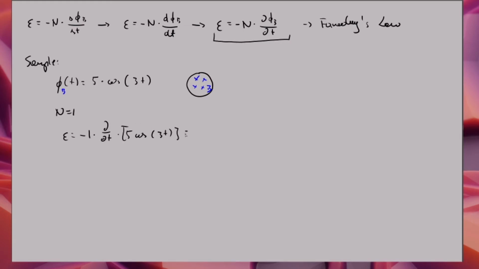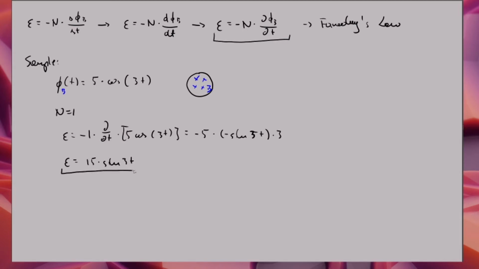You take the derivative: 5 comes out, so negative 5 times the derivative of the cosine, which is minus sine of 3t, and then all of this times 3. The negatives nicely cancel out, so I have 15 times the sine of 3t.